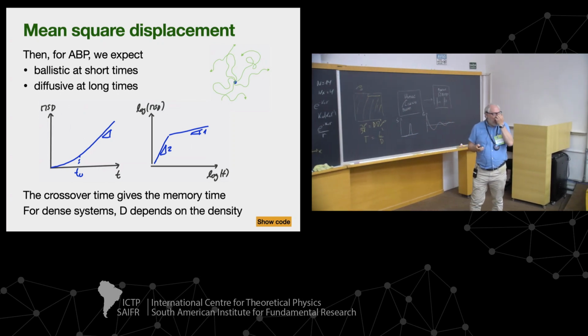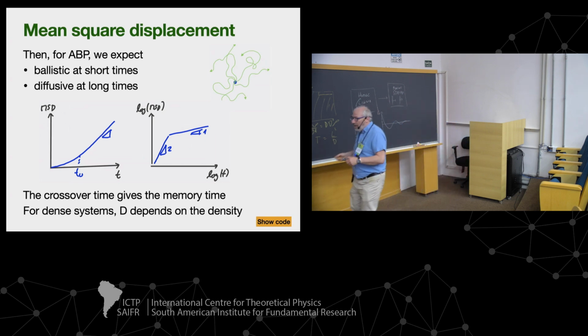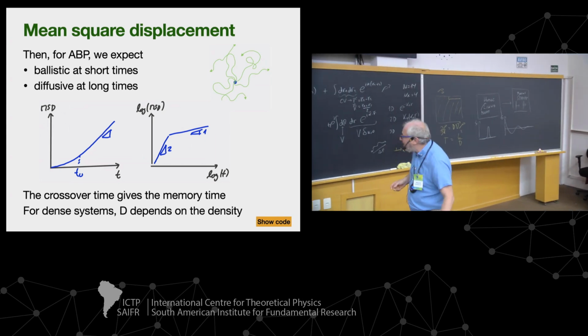Now, if you increase the density, the diffusion coefficient changes, but also the crossover time changes. And I want you to guess.